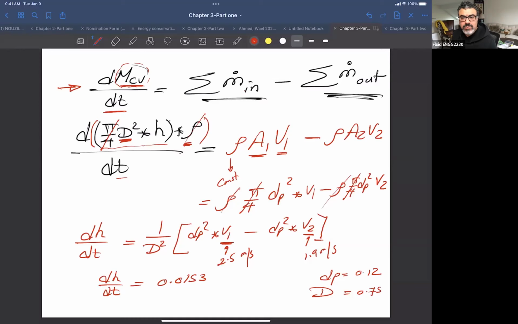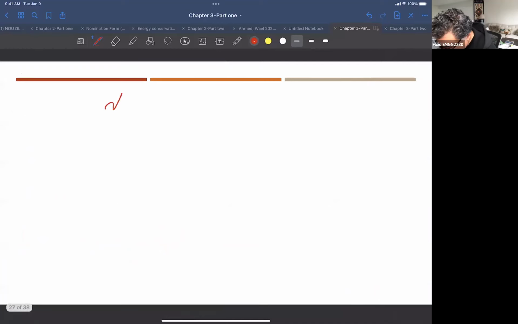If I need to find out the time required in order to fill the tank, I can just do the integration. The integration here will be with respect to the time because I need the total time. This is dH by dt, so I can separate the variables here. So I have dH is equal to 0.0153 dt.